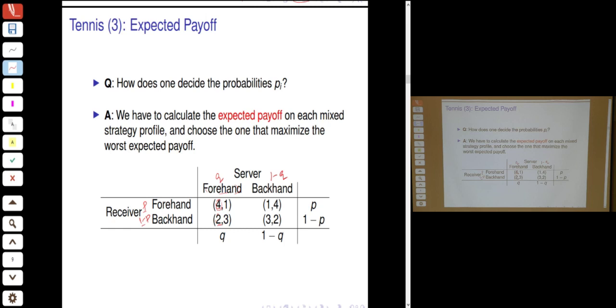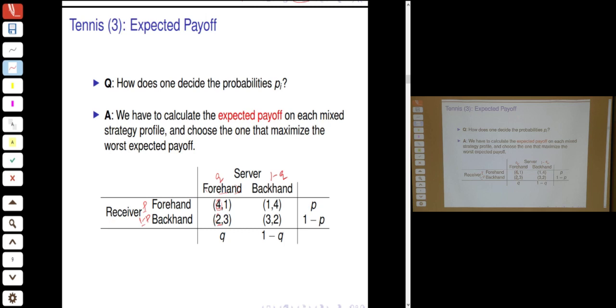If you fix a particular pure strategy for the server, forehand or backhand, and hold it fixed, the payoff for the receiver is still random, because the receiver himself is fluctuating between the two choices of strategies.